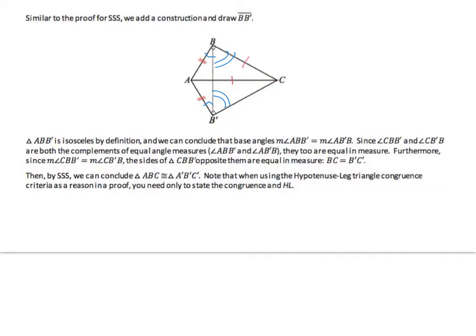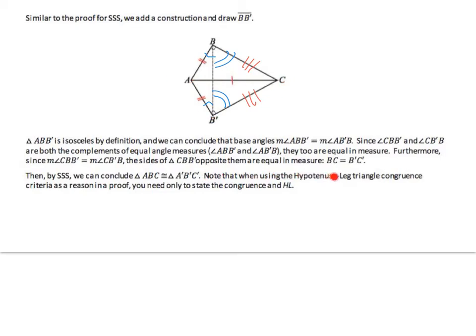So let's mark that. So by side, side, side, we conclude that, let's shade it, ABC is congruent to A prime B prime C prime. Okay, big triangle is congruent to a big triangle.